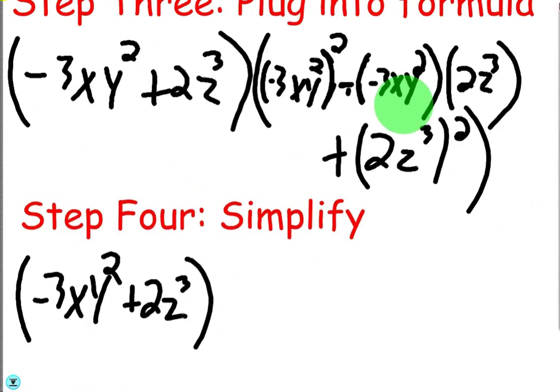Okay, so we do have a negative 3xy squared, squared. First, you're going to do negative 3 squared, which is actually positive 9. After the one you're on, is that a plus sign? That's minus.